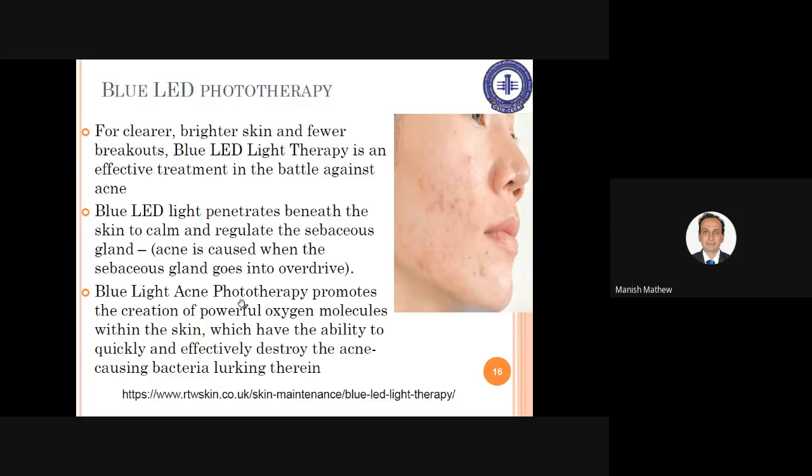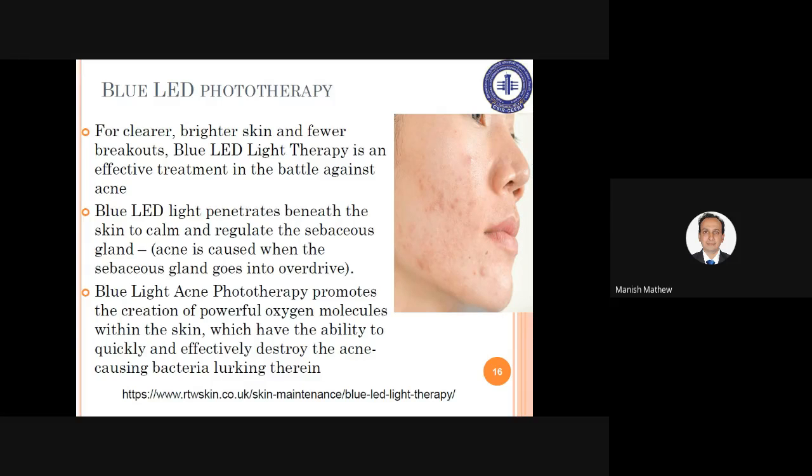Blue light acne phototherapy promotes the creation of powerful oxygen molecules within the skin, which have the ability to quickly and effectively destroy the acne-causing bacteria lurking therein. So this is also very effective in killing the bacteria present inside the acne.